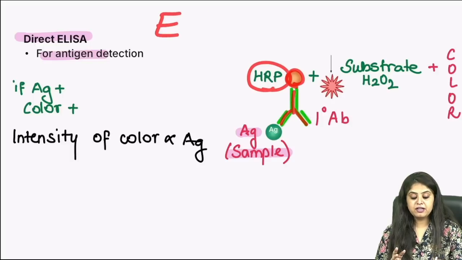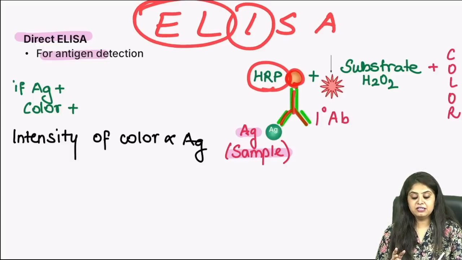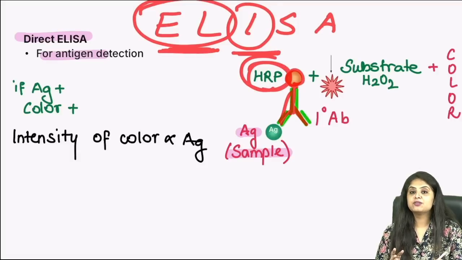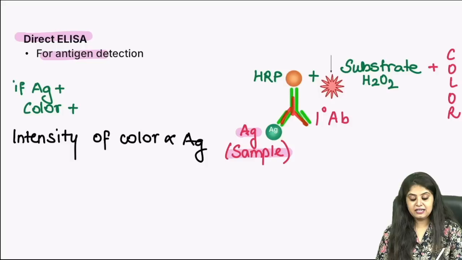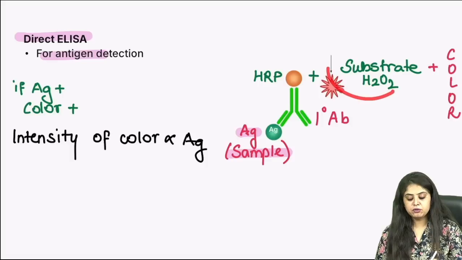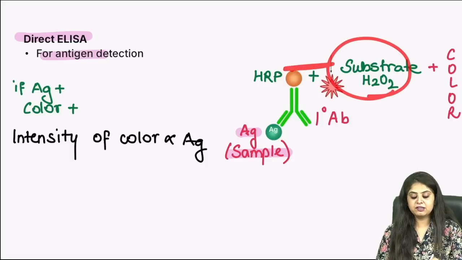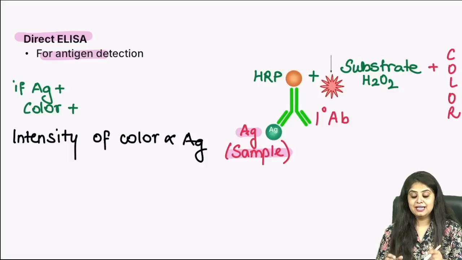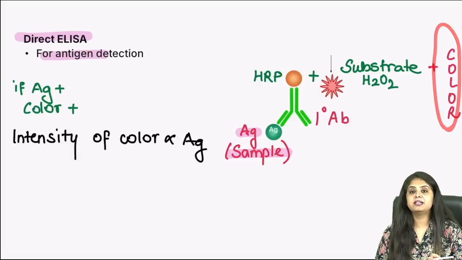Read the definition of ELISA again. It is enzyme linked immunosorbent, which means the antibody that you will be adding will be linked to an enzyme. So now you understand, I've added an antibody which is linked to an enzyme. If you've added an enzyme, then you have to add the substrate. Only then will the enzyme and substrate react. You're trying to create a chain, and if they react, how will I get to know they have reacted? I will have to add a color which is benzidine.